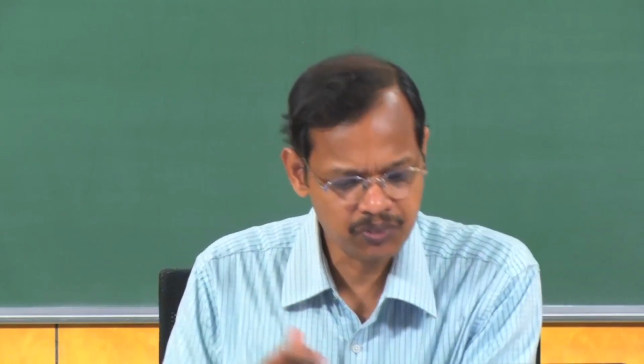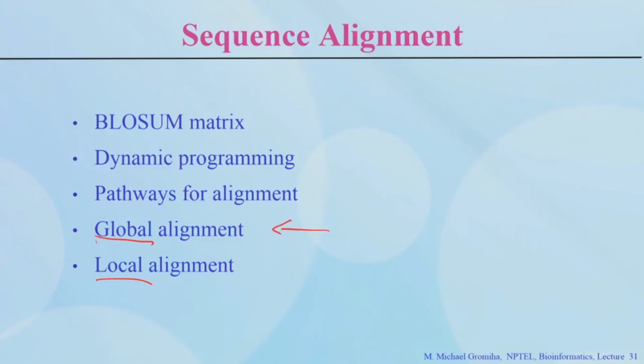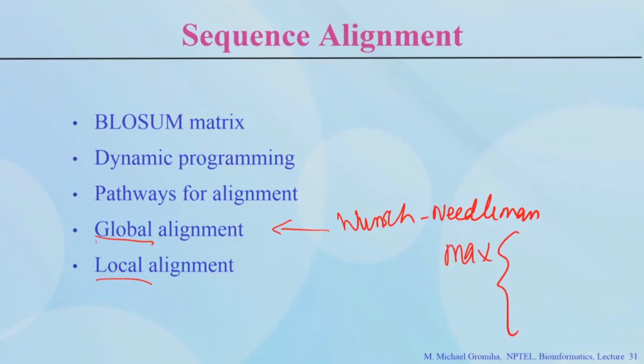What is the algorithm we use for global alignment? Needleman-Wunsch algorithm, right. What are the conditions used to fill the matrix in the Needleman-Wunsch algorithm? The maximum of match or mismatch, right, match we have a score, mismatch we have a score, and gap, that is insertion or deletion.